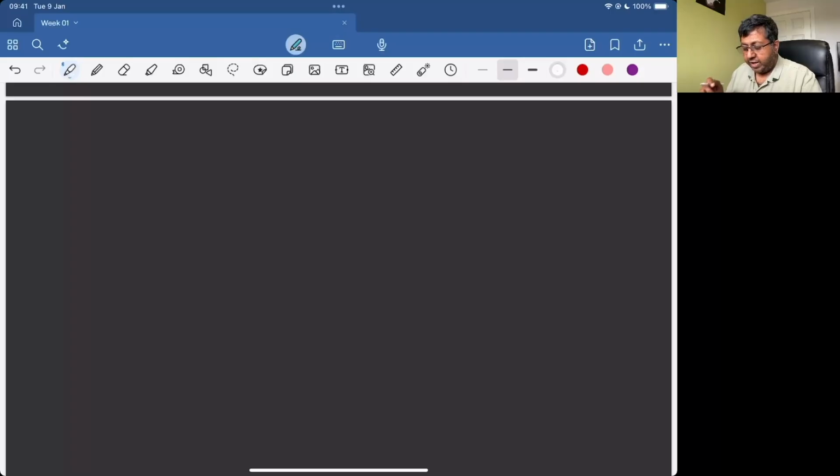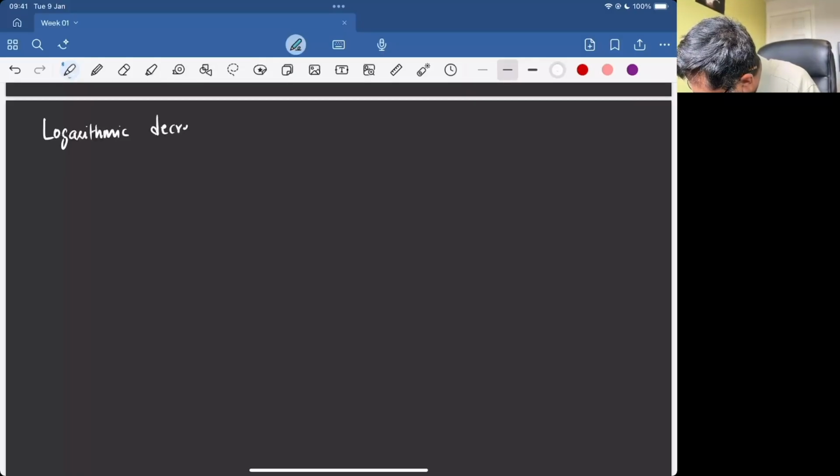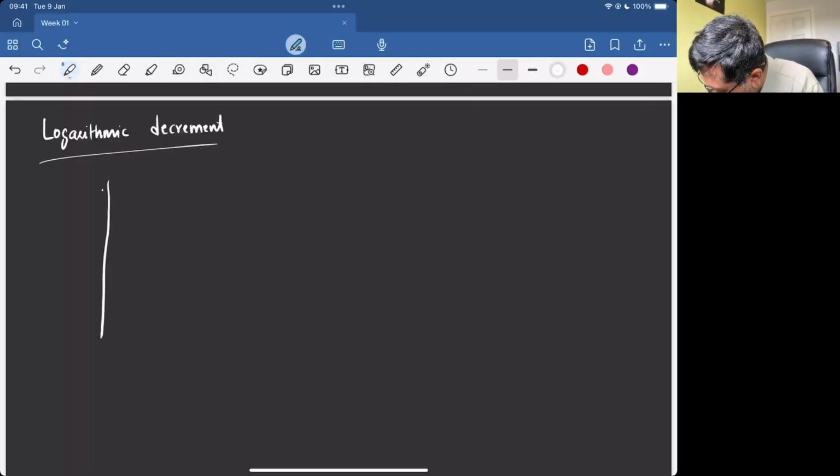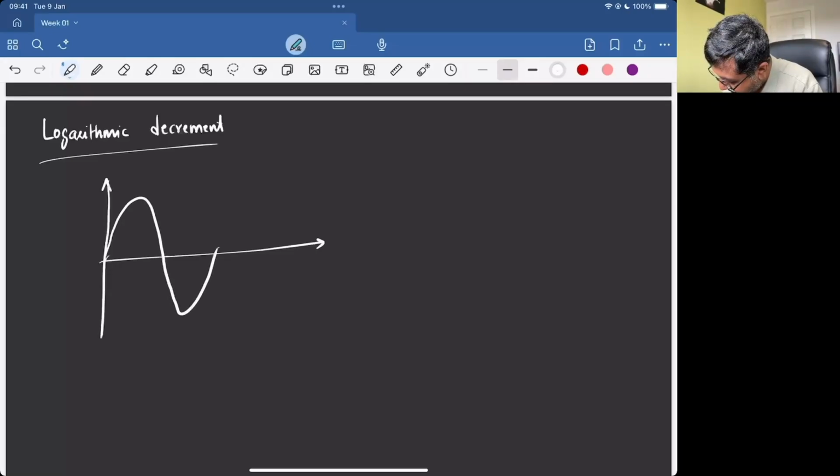Next, we had talked about the concept of logarithmic decrement. Right. So if we take a system response of a damped system, let's say the amplitude at this point x1 was at time t1.